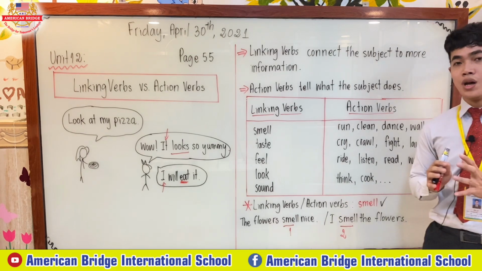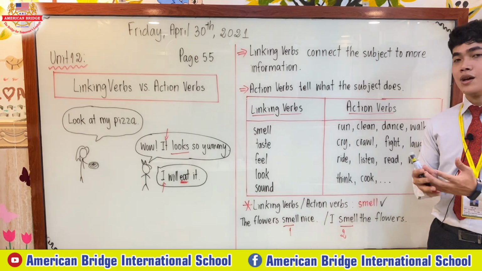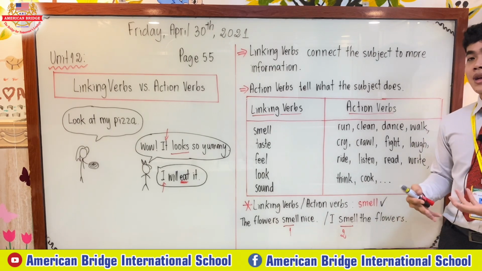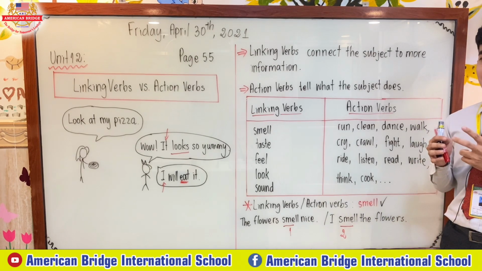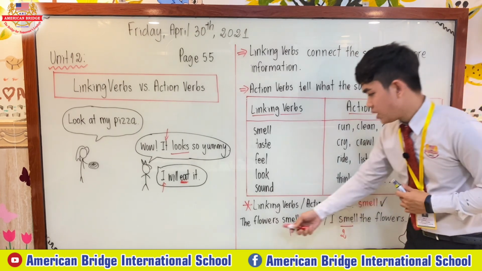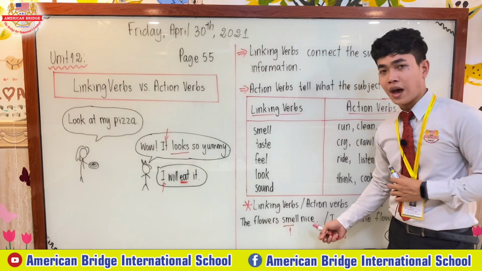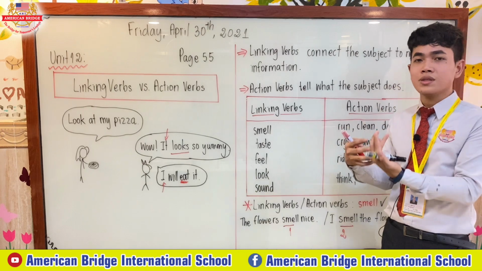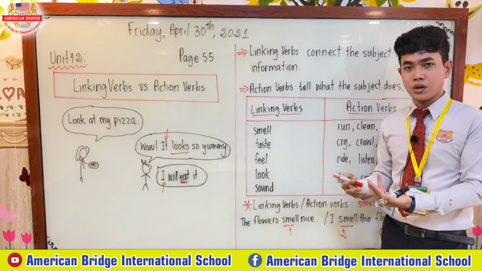It is not a person, it is not human, right? So that's why we can call it the linking verb. This sentence uses the linking verb. As you can see, the flowers smell nice. It shows how the flower smells, right?